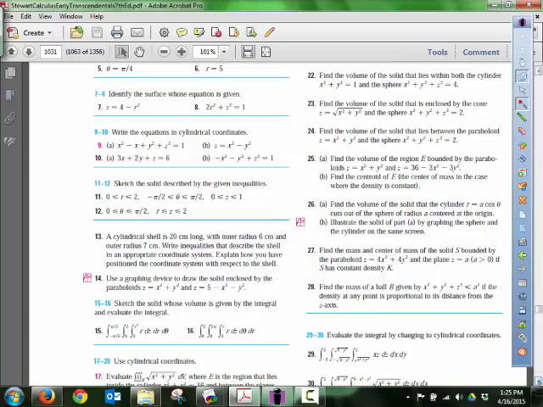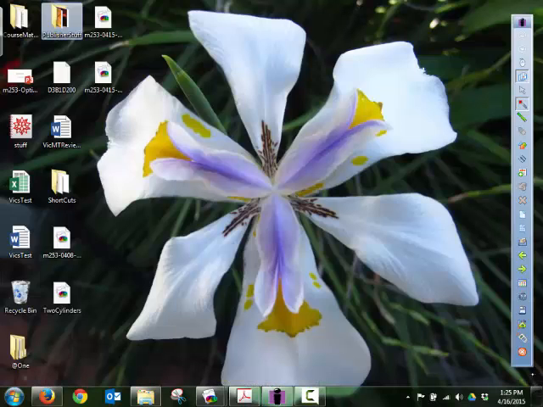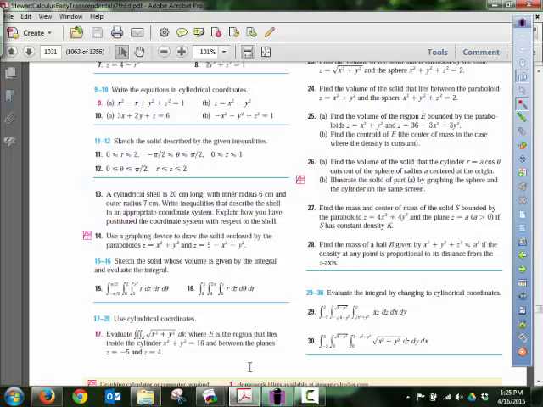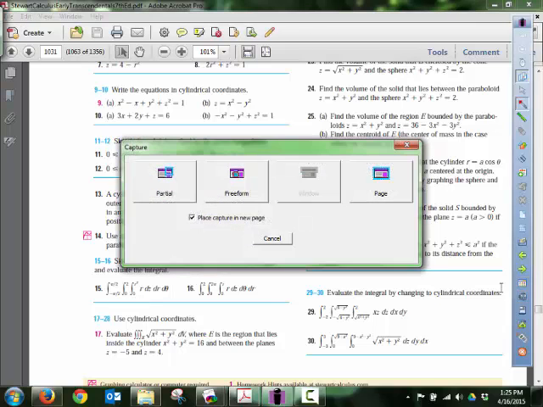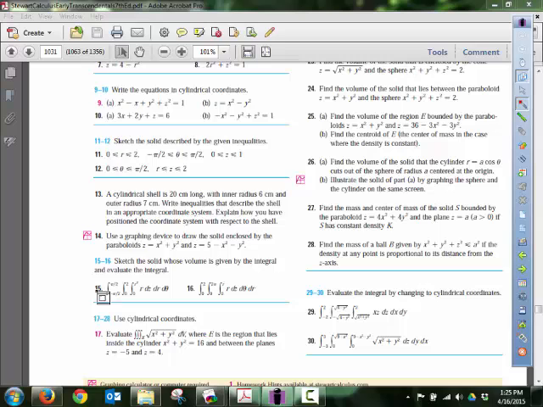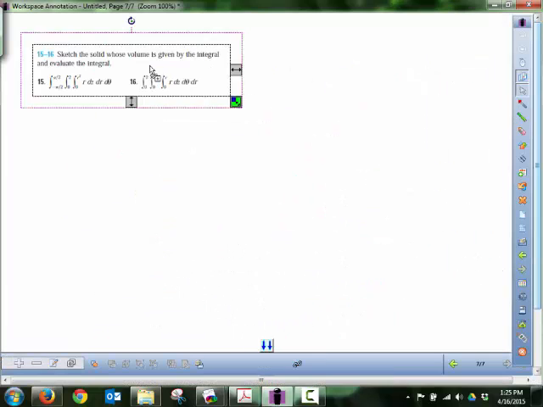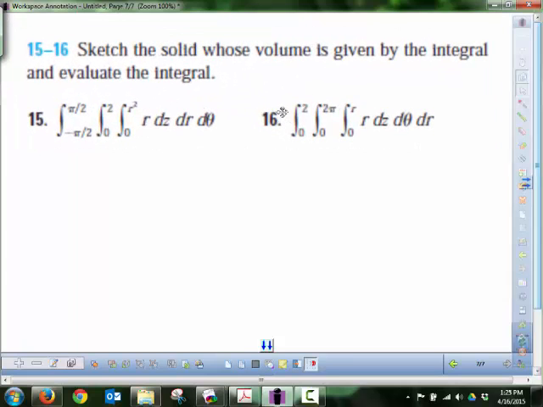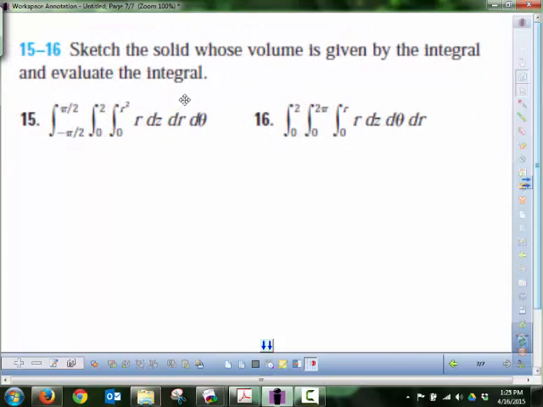Let's do 15, 16, and 17. So sketch a solid whose volume is given by the integrals. Let's do the first one.